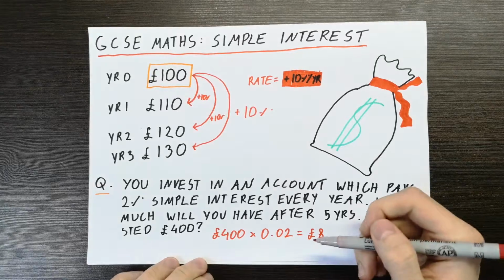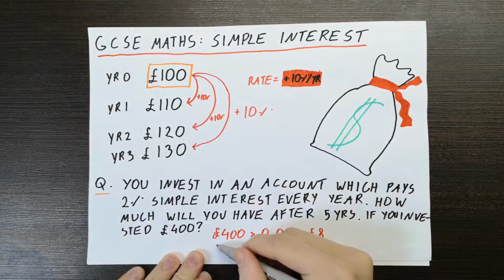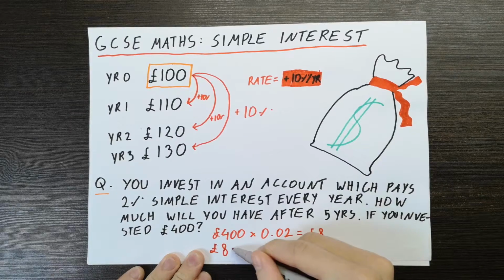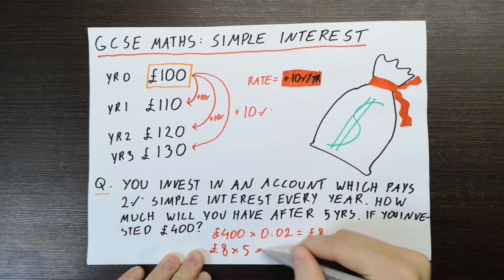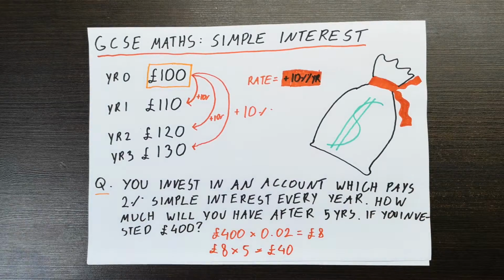So we can simply calculate what we have added onto the original amount by multiplying the £8 by 5. And that should give you £40. So after 5 years of investing in that account, we have gained £40.